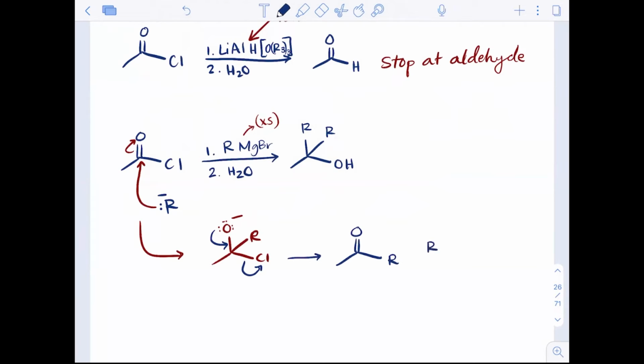Can't stop, won't stop. We'll add a second equivalent of our Grignard from what we know from chapter 18. Ketones react with Grignards. And then we'll do our water or our acid workup to protonate our alcohol. So we end up making tertiary alcohols with this Grignard reagent.